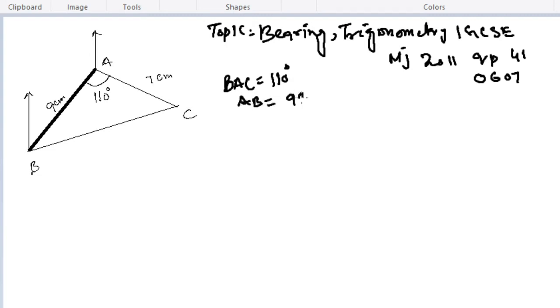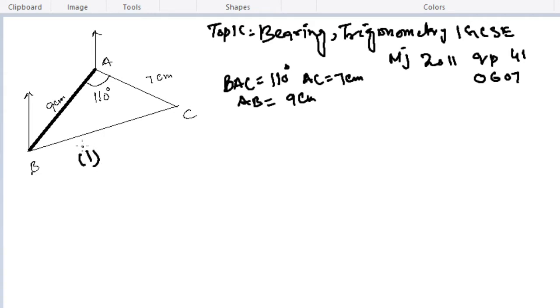It's 9 centimeters, and AC is 7 centimeters. Now what they want: calculate the area of triangle ABC. First of all, we're going to find the area of triangle ABC. This triangle is not a right angle triangle.